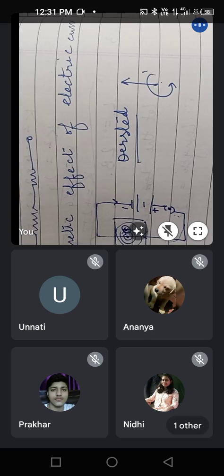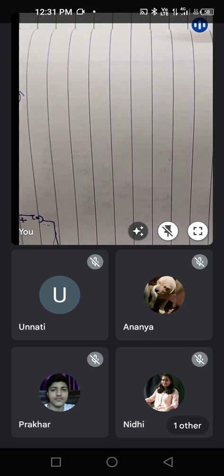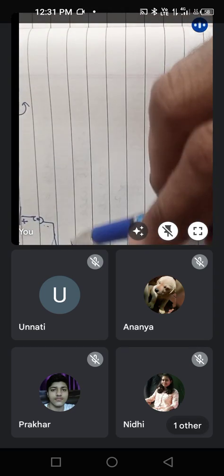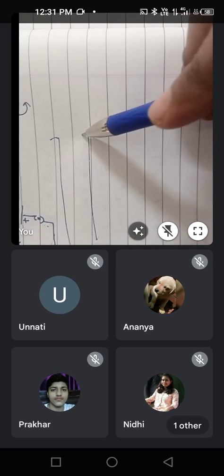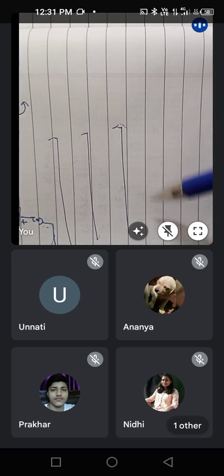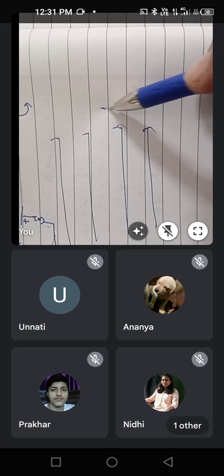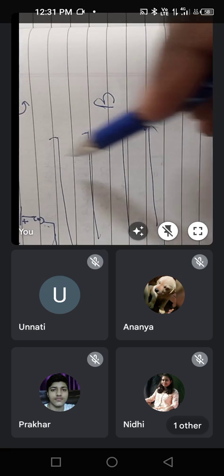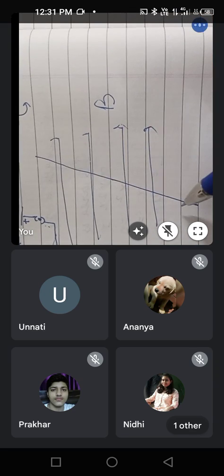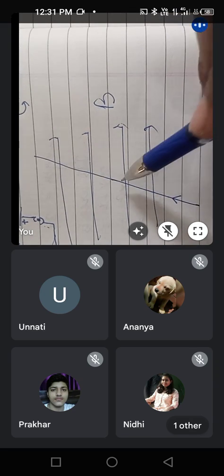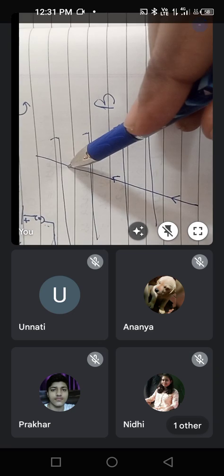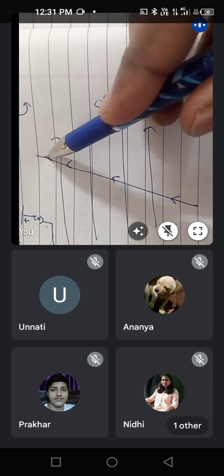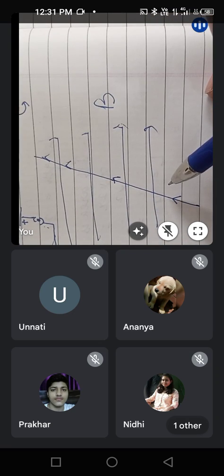I repeat, if the current flows through a conductor, and this is the magnetic field, represented by B, and if a current wire, that is, a wire through which current passes, is kept in this magnetic field, then a force acts on it.